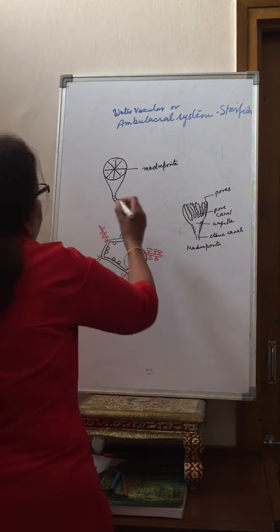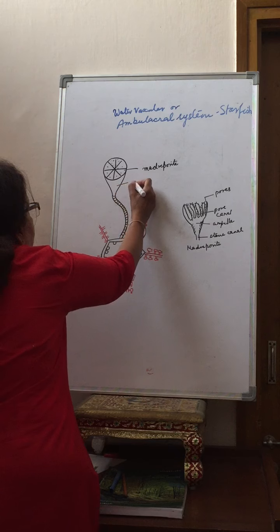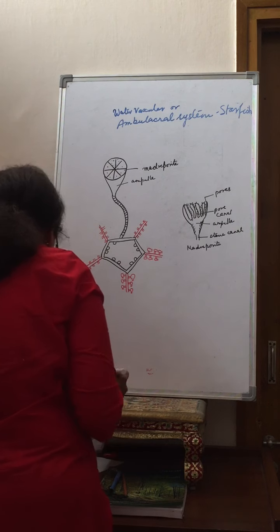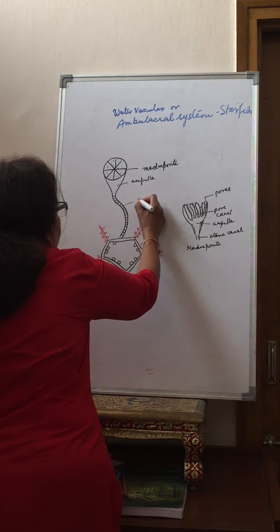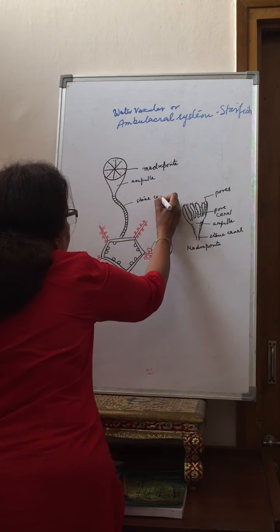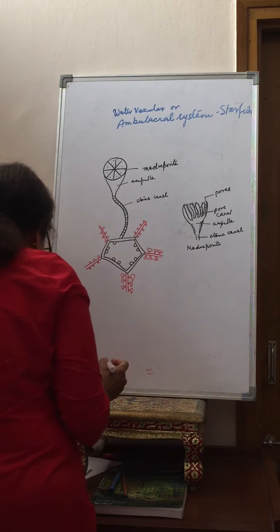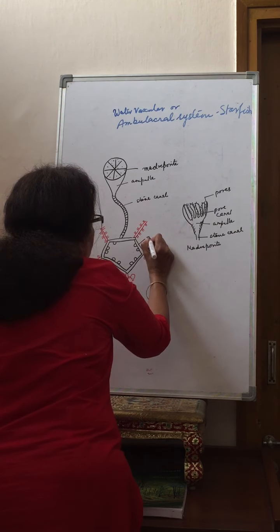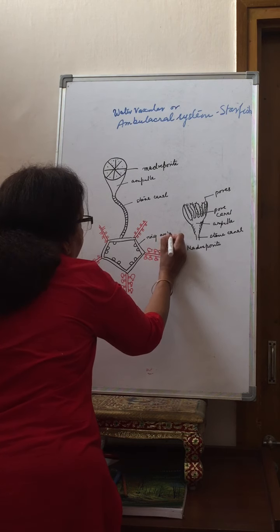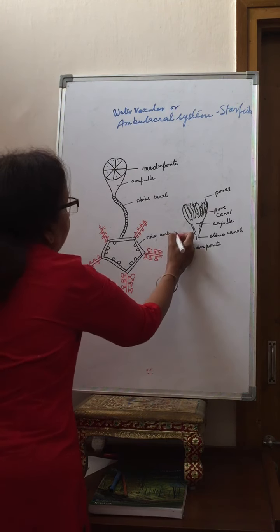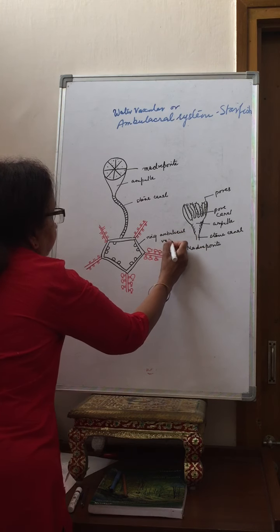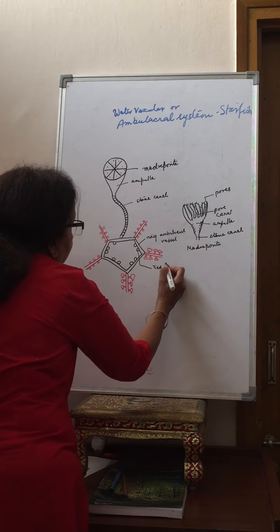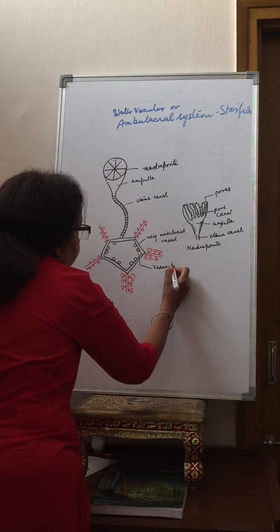So the madreporite leads to the ampulla and to the stone canal. The stone canal leads to the ring ambulacral vessel. Then there are Tiedemann's bodies, which are sort of lymphoid organs.